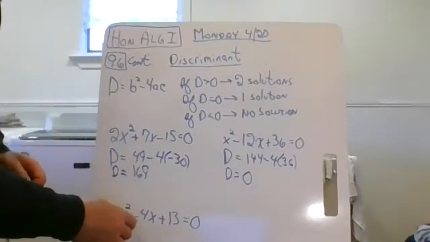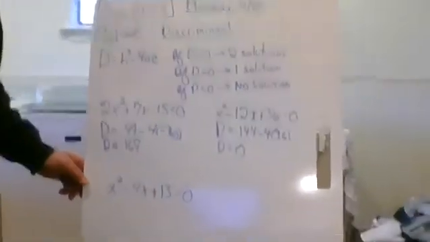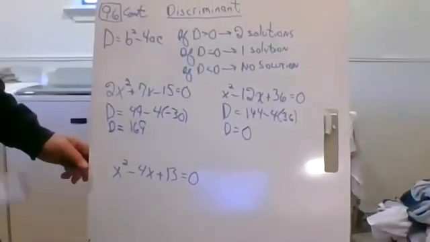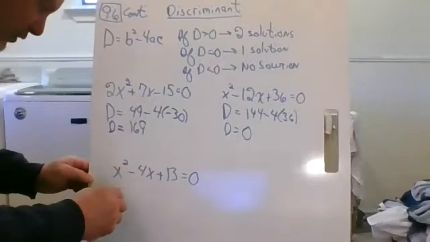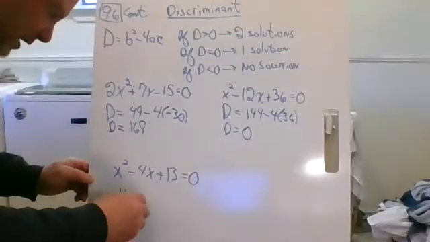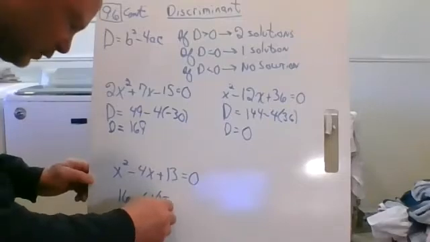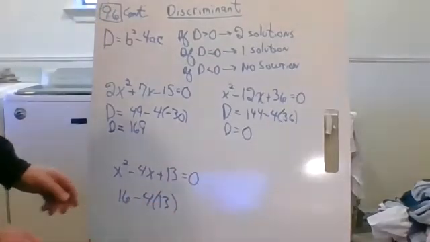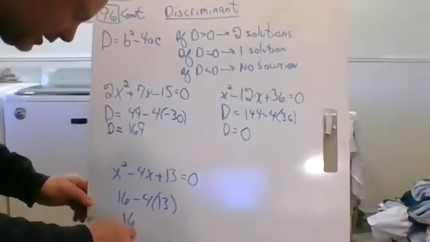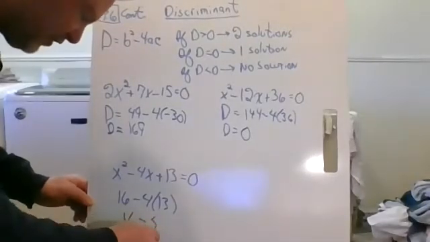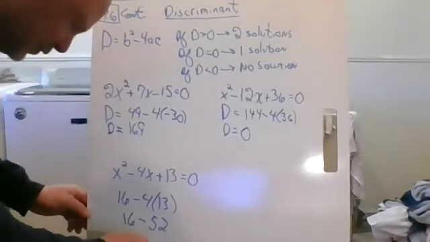And then let's take this equation. Can you all see it? Yeah. All right. So b squared would be negative 4 squared, 16, minus 4 times AC, which is 13. And so you get 16 minus 52, which is what? Negative 36?